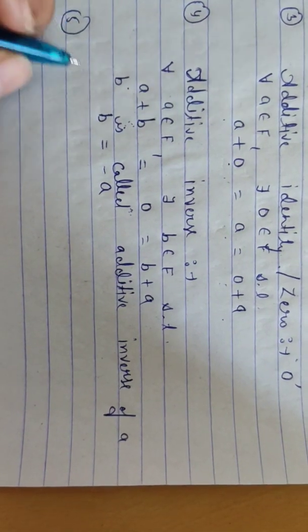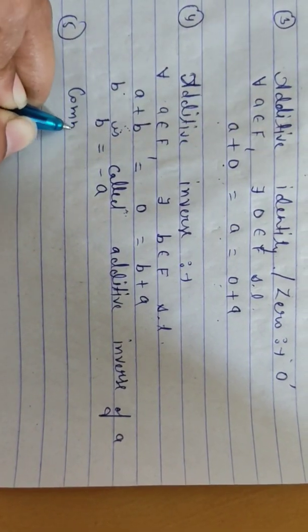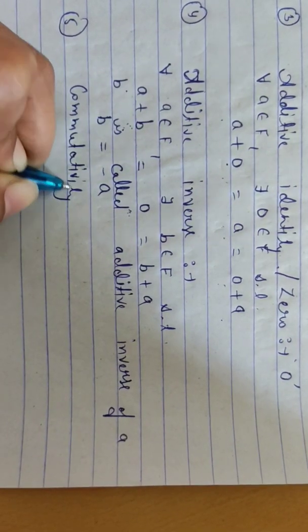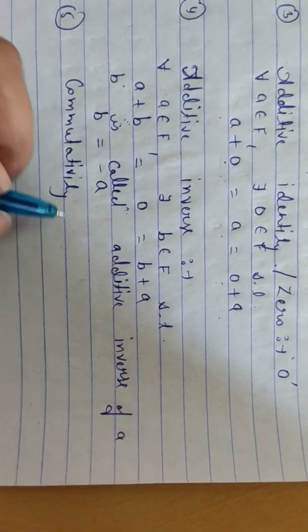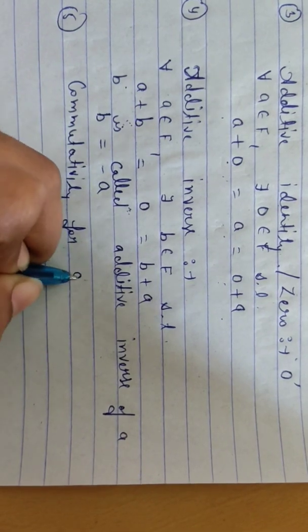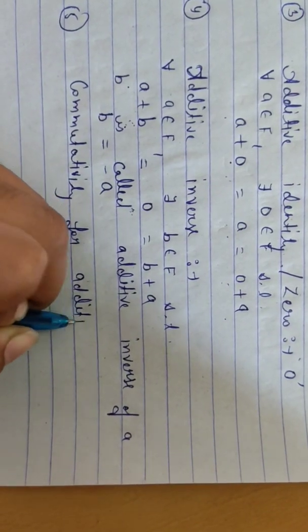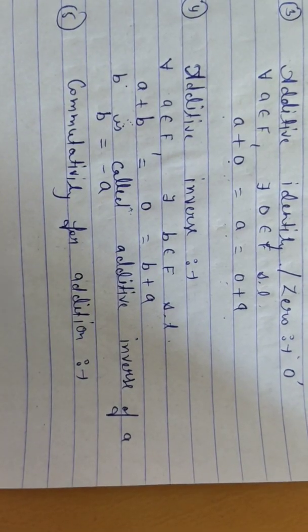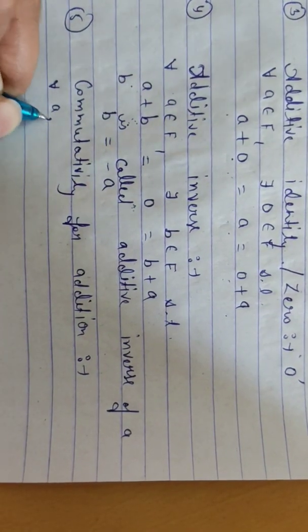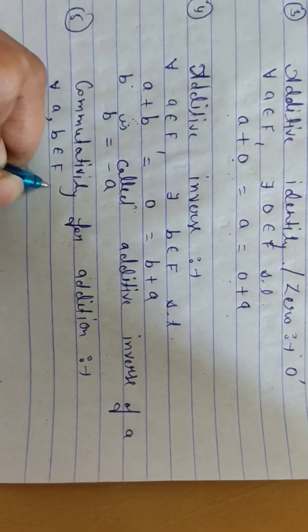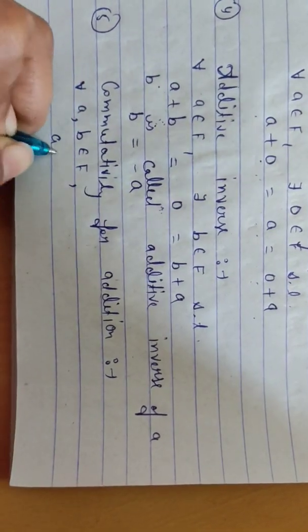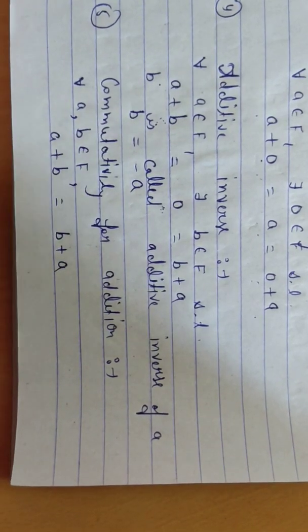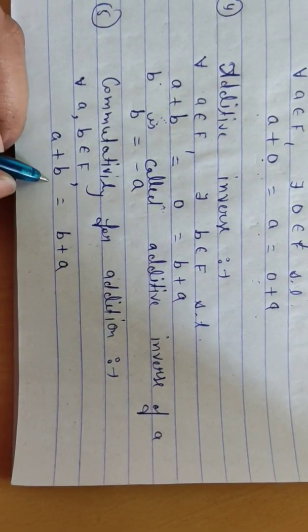And the fifth axiom is commutativity for addition. What is the commutative law? For each a, b element of F, a + b is equal to b + a.